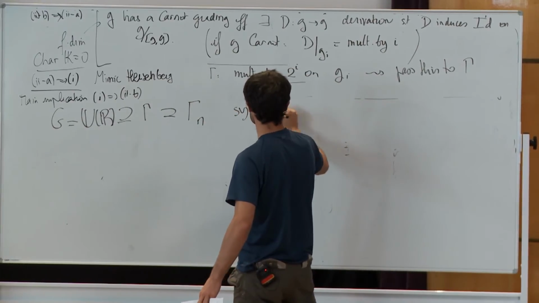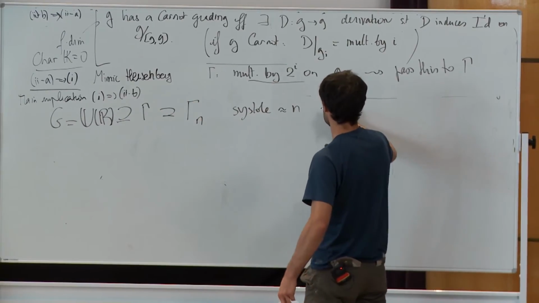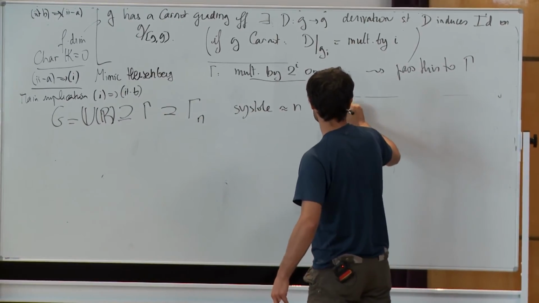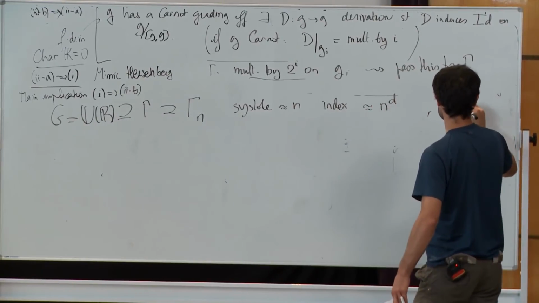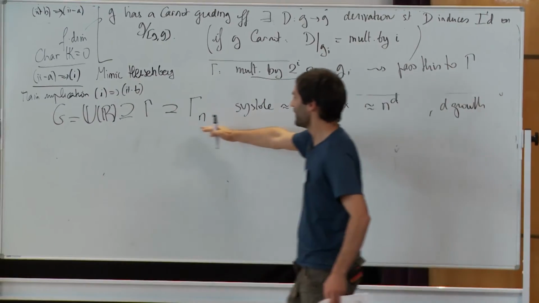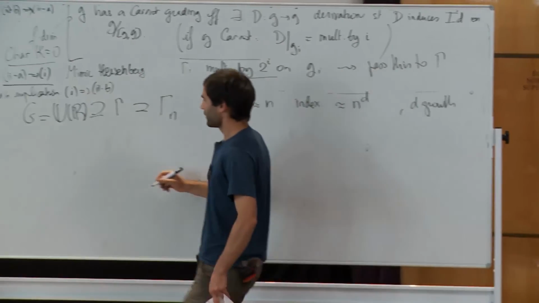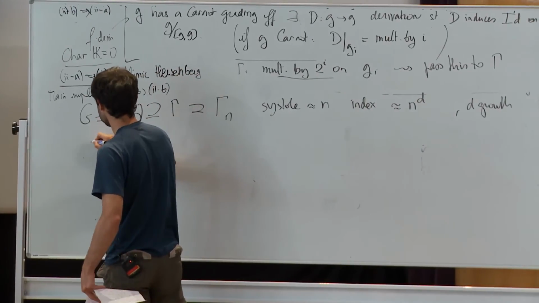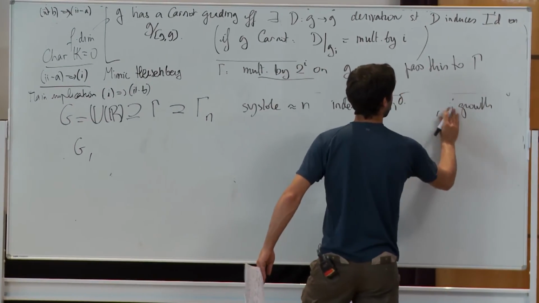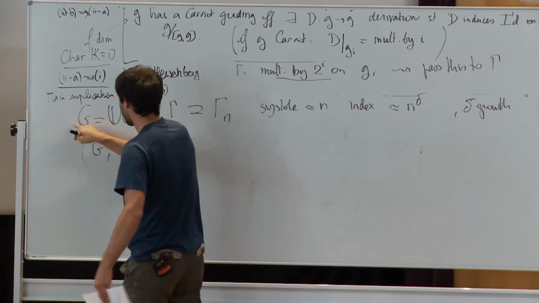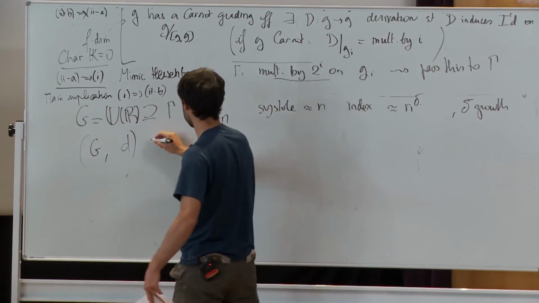Systole is about n, and the index is about n to the d, where d is the growth, the volume growth of gamma n in G. So what you do is you rescale. I endow G with a distance, a Riemannian distance, and I rescale.